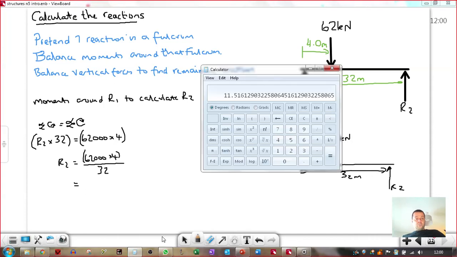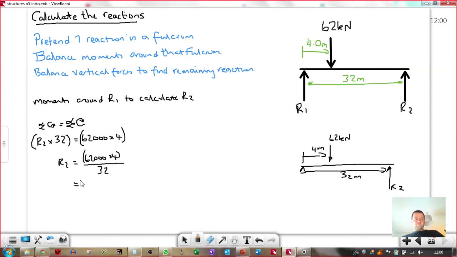So R2 equals 62,000 multiplied by 4 divided by 32, which is 7,750 newtons. I round that to the correct number of significant figures. My original data was 2, 2 and 2, so it's 2 significant figures, so that's 7,800 newtons to 2 significant figures.